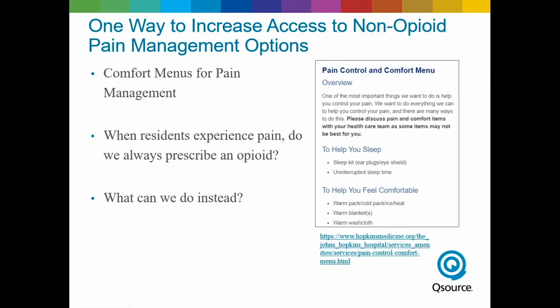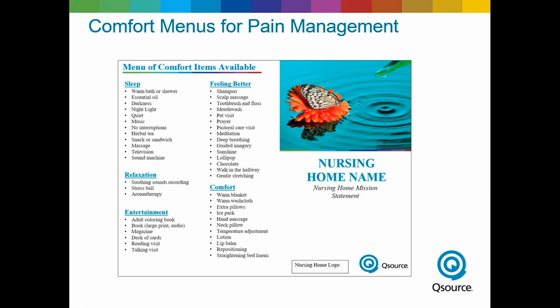So we've got to think about when residents are experiencing discomfort or pain, we don't always want to just prescribe an opioid for that or necessarily a medication at all. What are some things that we could think about first and give the resident options and choices when it comes to that? So that's sort of what a comfort menu is meant for.